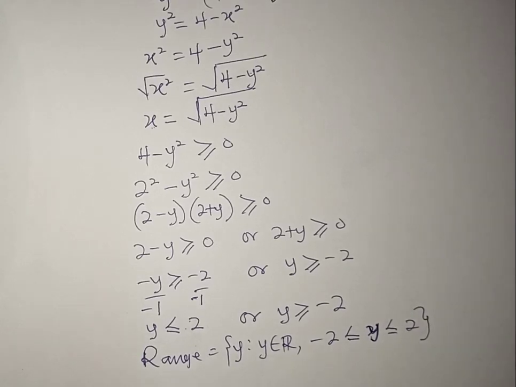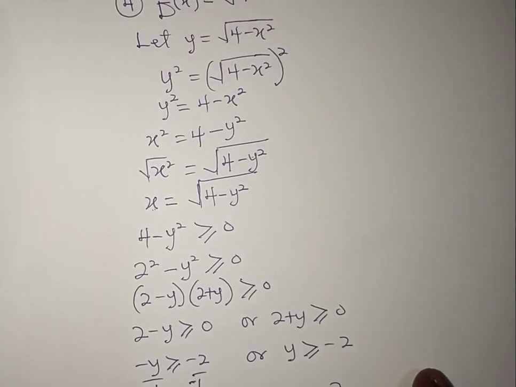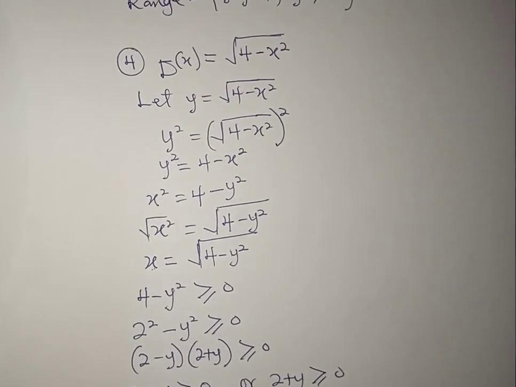All right, good. You can also decide to write the interval notation for this one, but we've done all these things in the domain, so you don't need to waste time. So this is all about the range of a function.